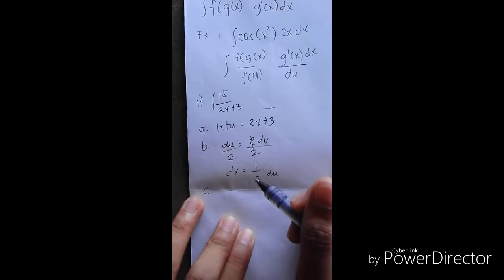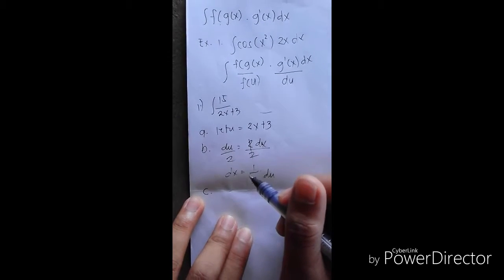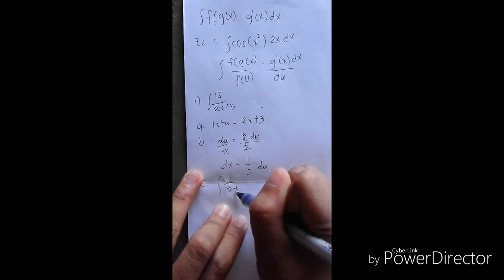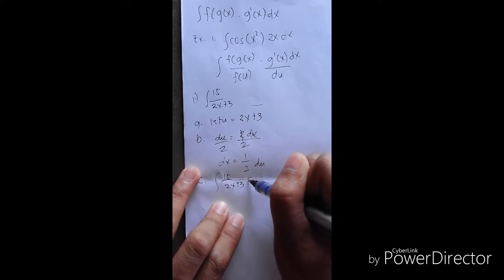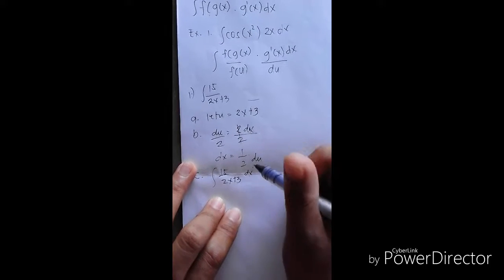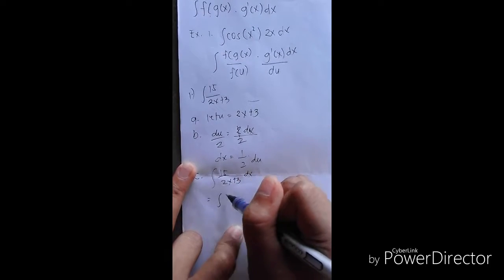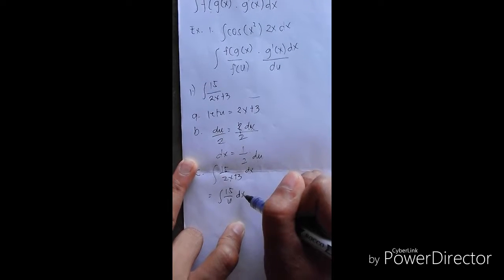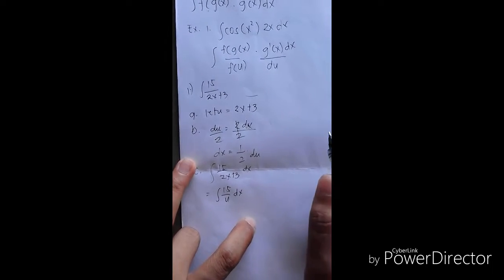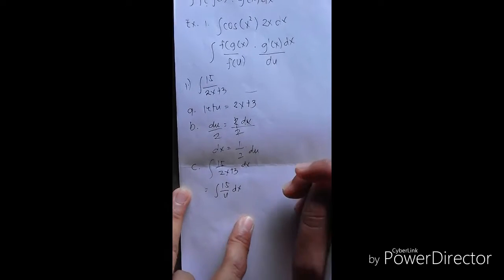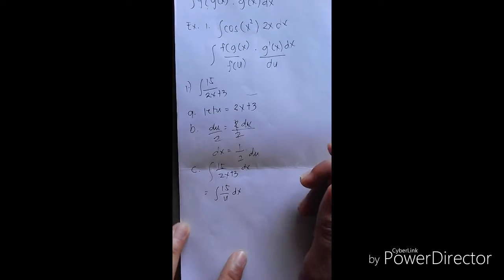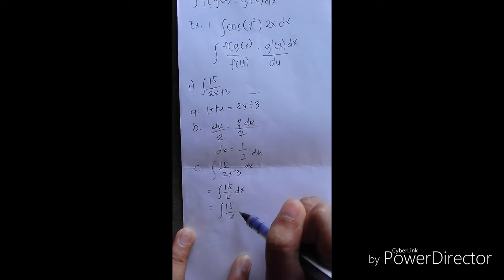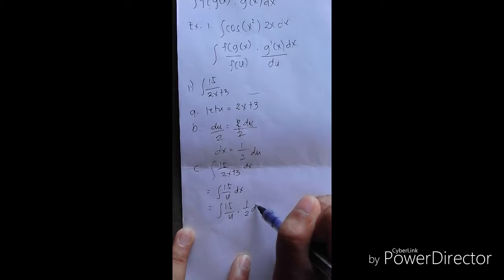Our third step is to make the substitution. Now, the antiderivative of 15 over 2x plus 3 dx becomes the antiderivative of 15 over u dx. As dx is represented by 1/2 du, we multiply it: the antiderivative of 15 over u times 1/2 du.